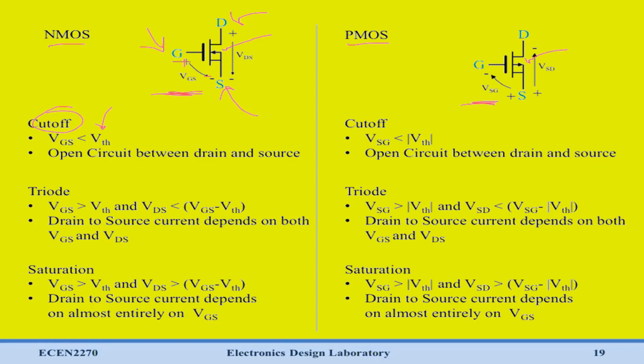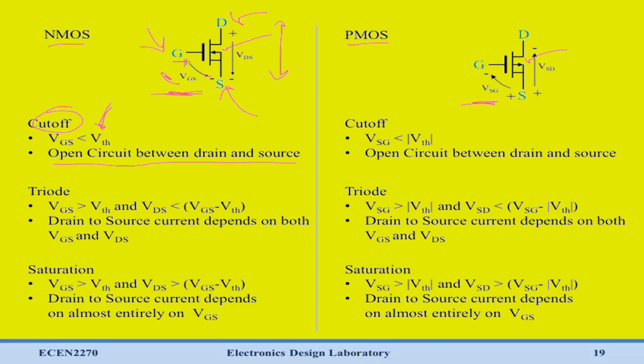A threshold voltage will vary depending on what type of MOSFET you're using, but it's generally from below a volt to a couple volts. So if VGS is lower than our threshold, so this voltage is very small right here, our circuit's going to be cut off, meaning that it'll look like there's an open circuit between the drain and the source. We're going to have no current flow between drain and source.